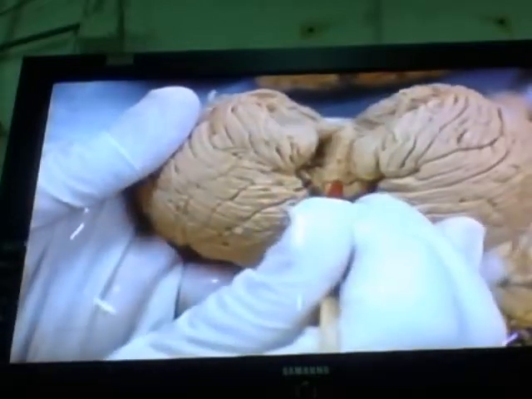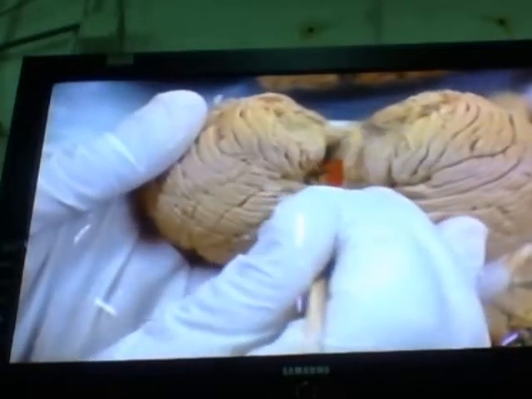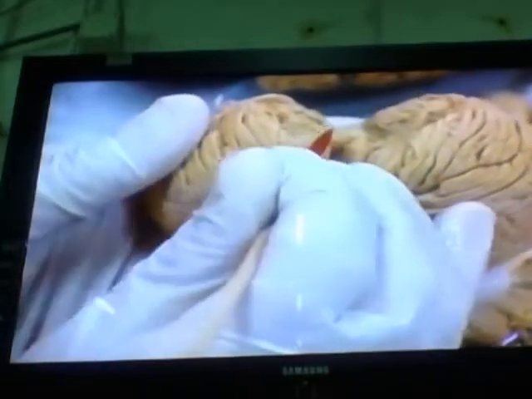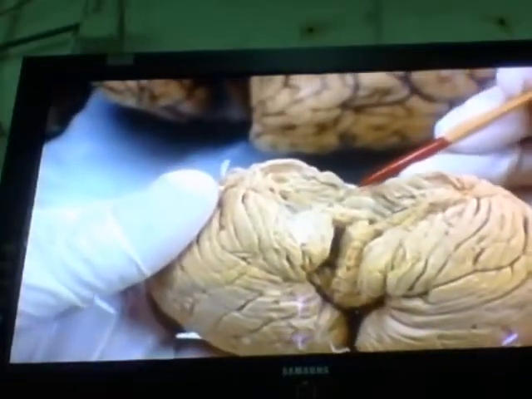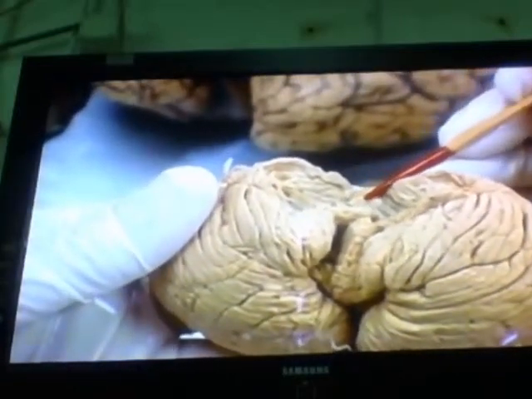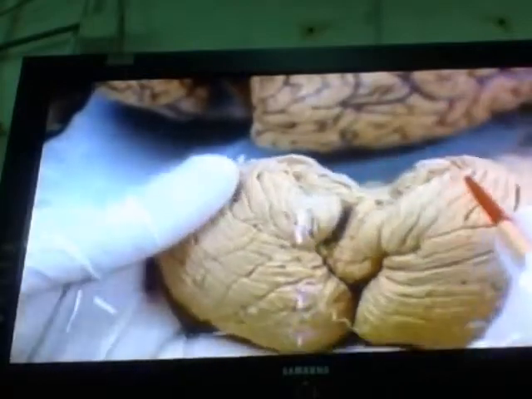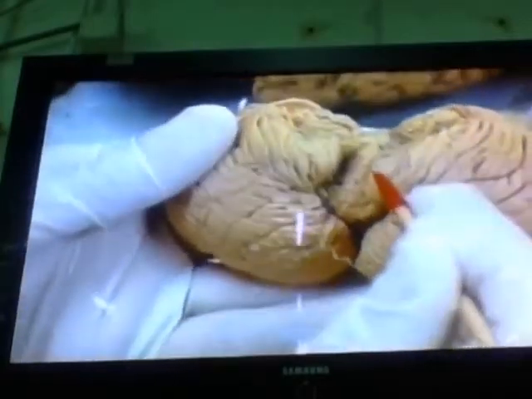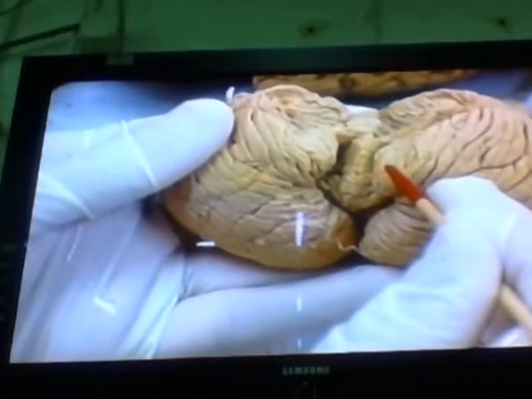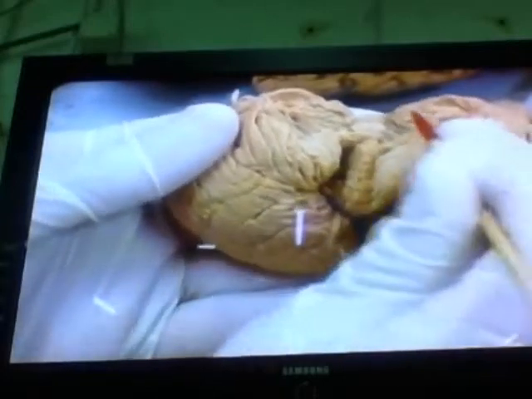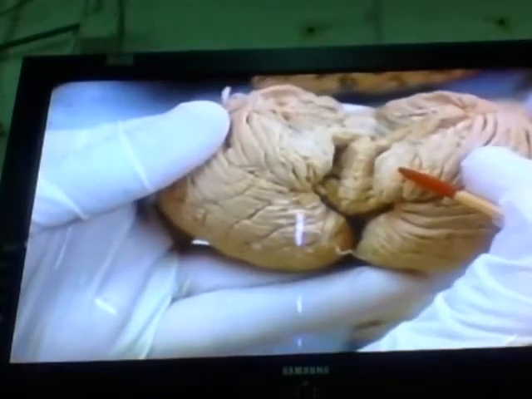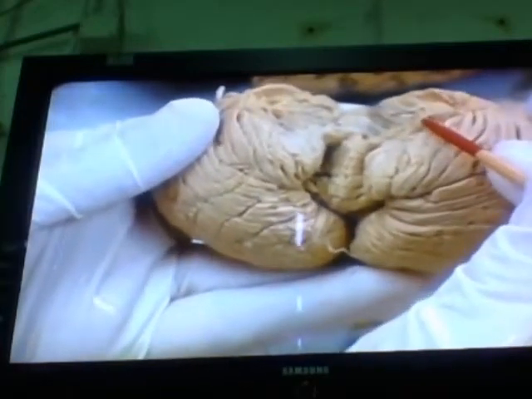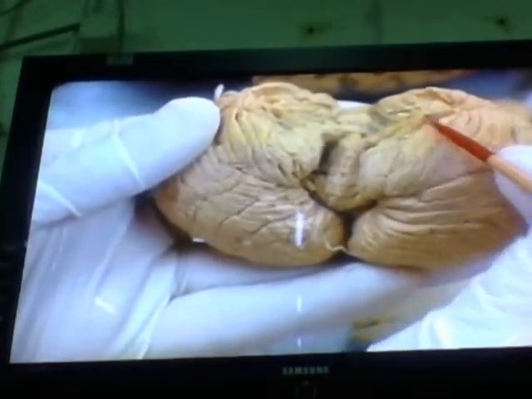Okay? So, as we said, tuber, pyramid, uvula, nodule, and here you can find the lingula. The lingula will be here. So, on the side, you will have the tonsils here, and here you will have the flocculus. Okay? The tonsils are here, and here you have the flocculus. Okay?